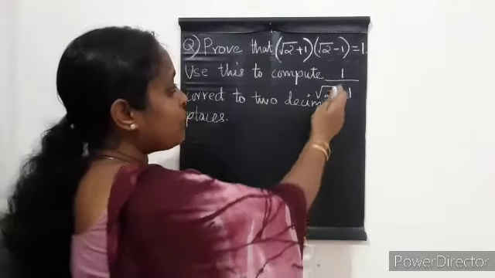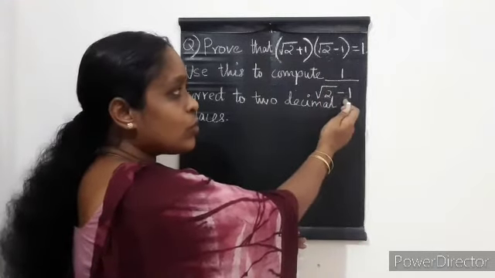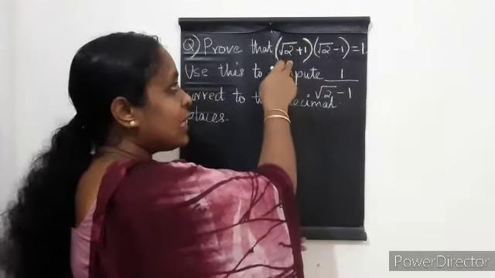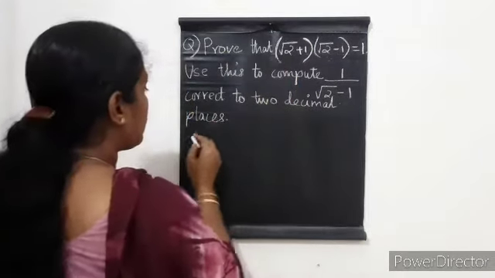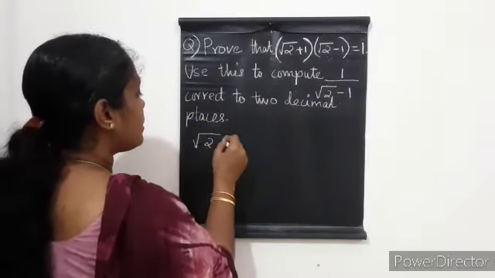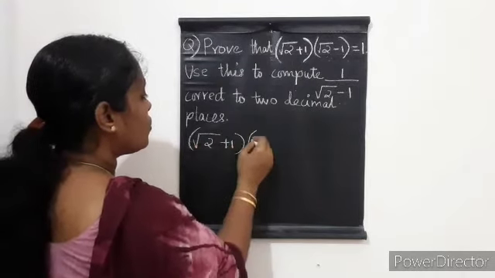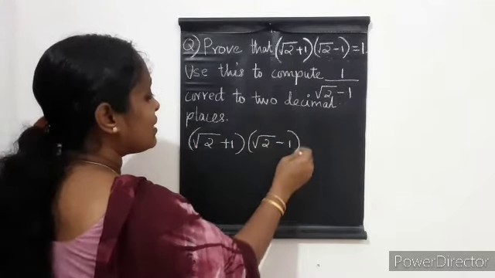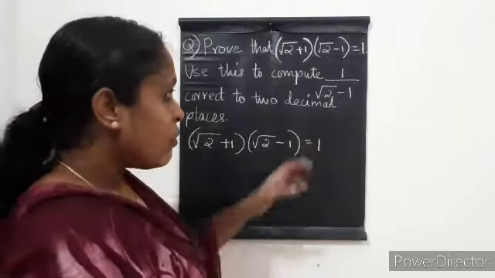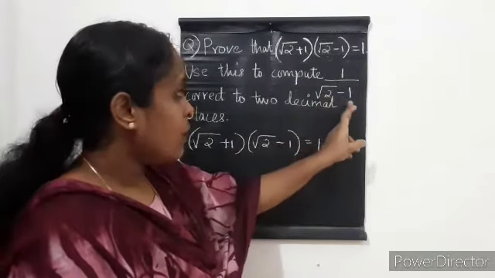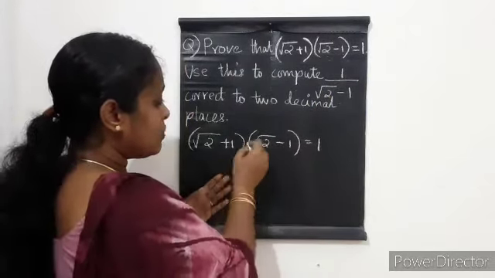Next we want to compute 1 by square root 2 minus 1 using this. So first we write root 2 plus 1 into root 2 minus 1 is equal to 1. What we want to find? 1 by root 2 minus 1. Here, this is multiplication.